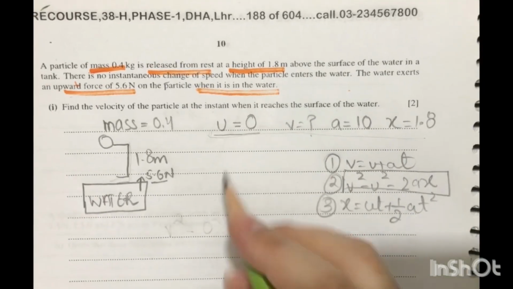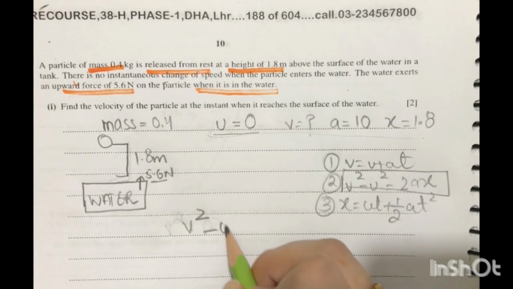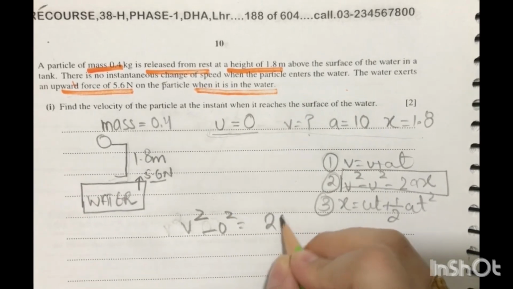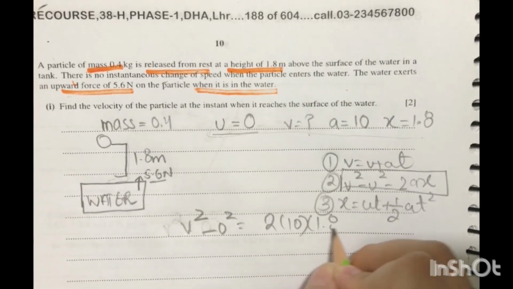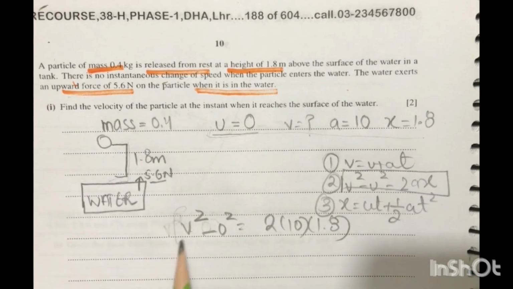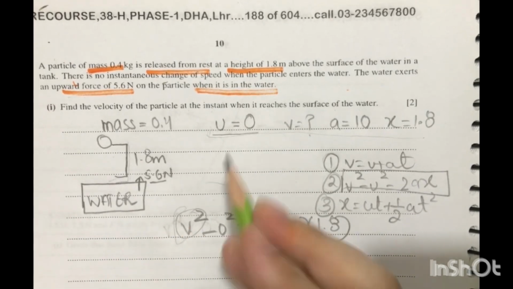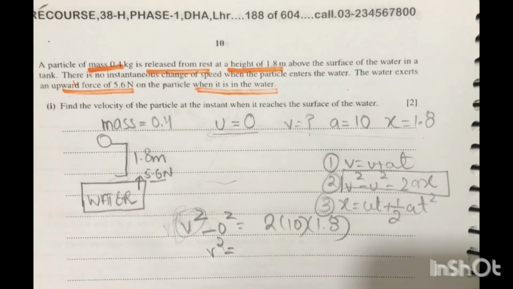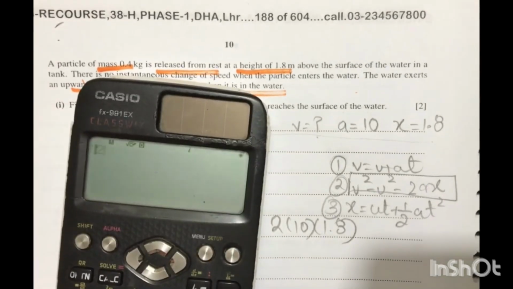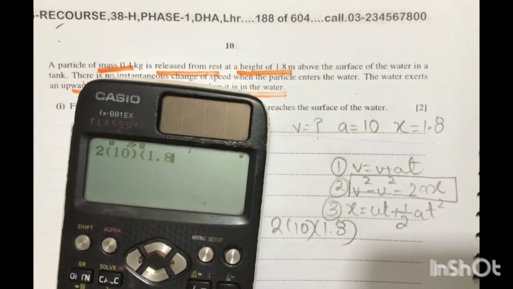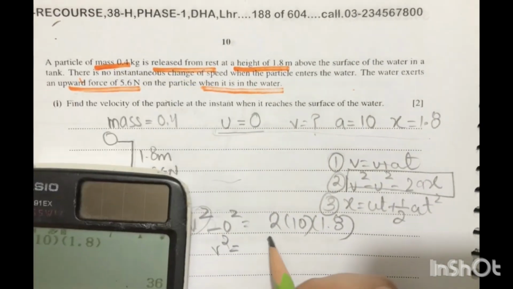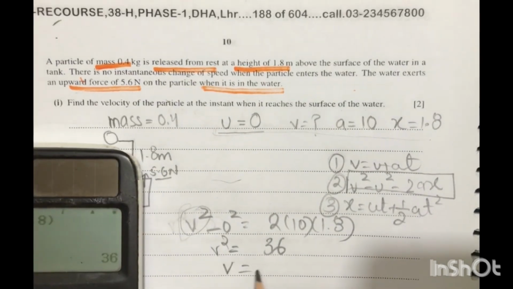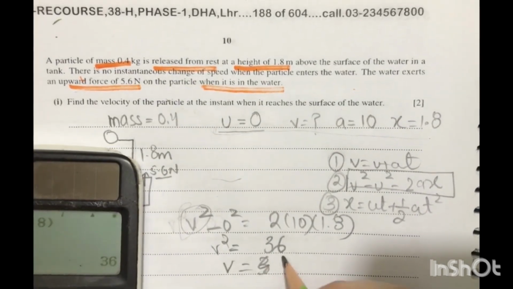So when we add this information, we can find out the final velocity. See, pretty easy. This was pretty straightforward. So v squared is 36, so the final speed will become 6.